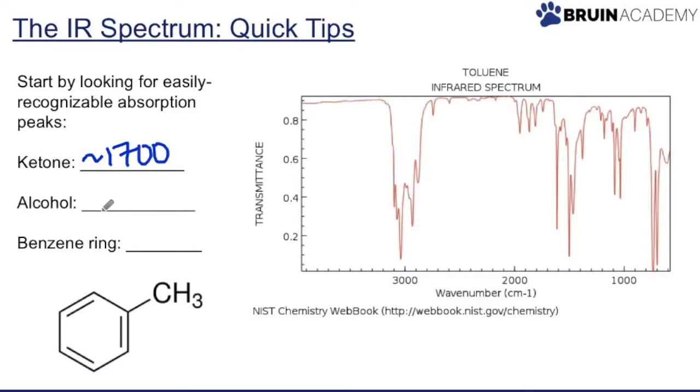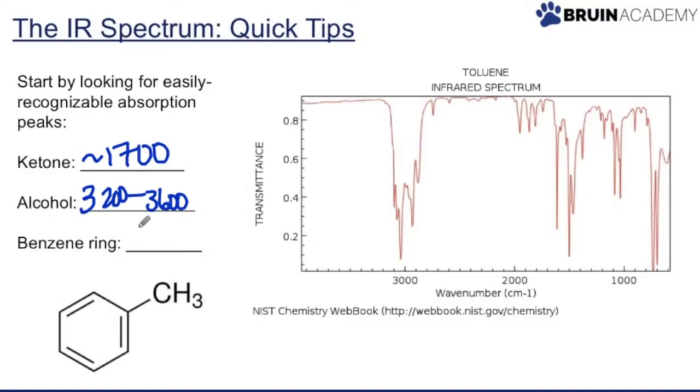The next thing I look for is an alcohol. An alcohol is usually a very broad and strong peak around 3600 to 3200. It's a pretty broad range, but it's just a very wide peak around 3200 to 3600.